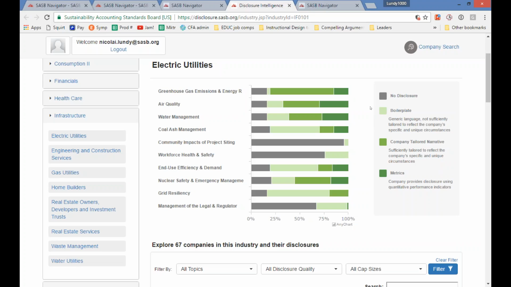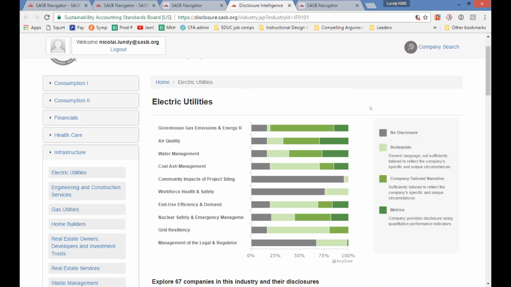This is a process that's all powered by, we've been developing this for over 2 years, natural language processing algorithms that utilize machine learning to read actual 10-K, 20-F, and 40-F documents, identify excerpts related to SASB topics, and then give a quality score for those excerpts.